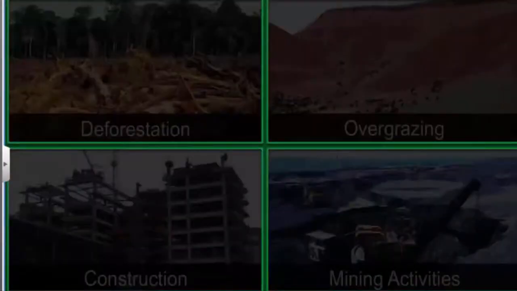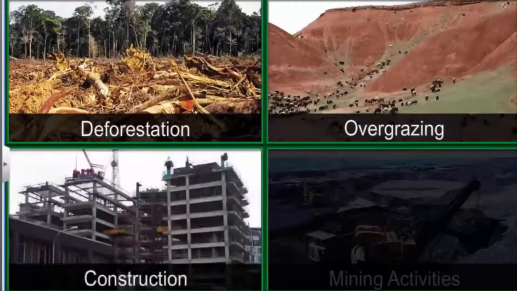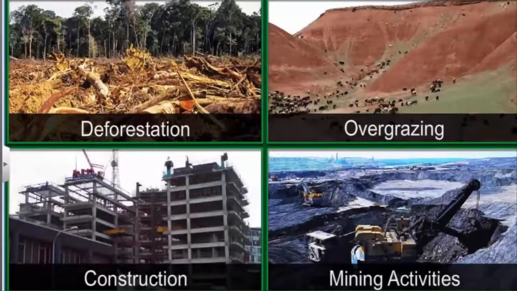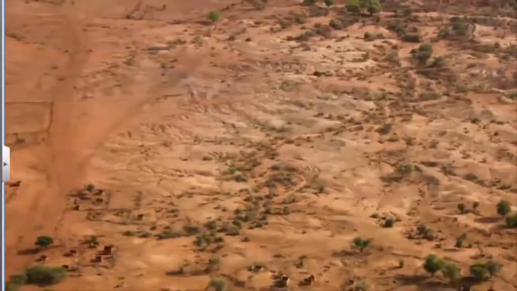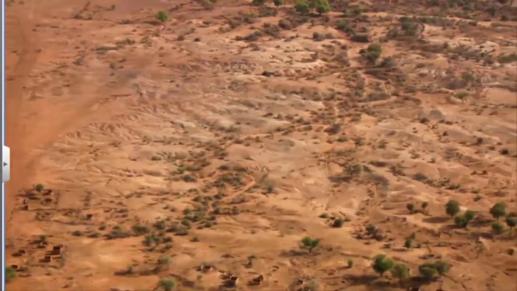Humans destroy vegetation cover by deforestation, overgrazing, construction, and mining activities. Without vegetation cover, soil becomes dry and loose and gets easily eroded.